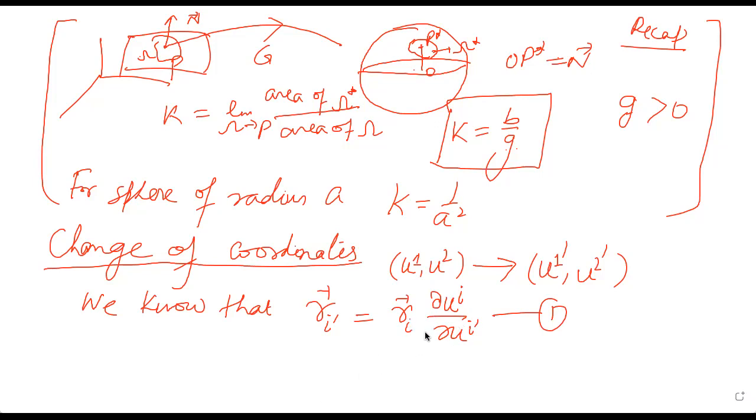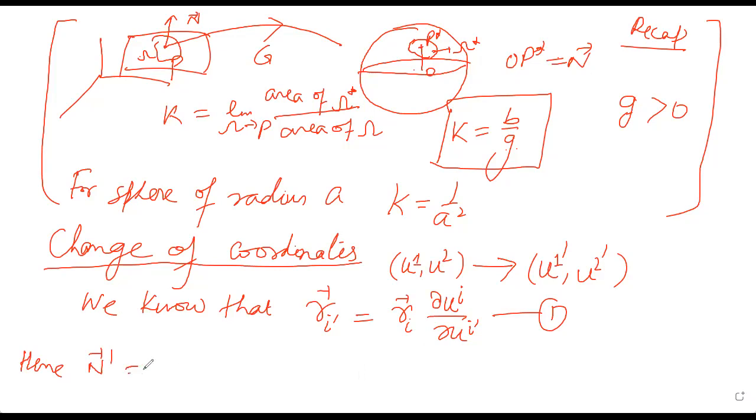Now, if you have a new normal, suppose n dash, so n dash is the new normal in the new system, principal normal. I am taking n dash.